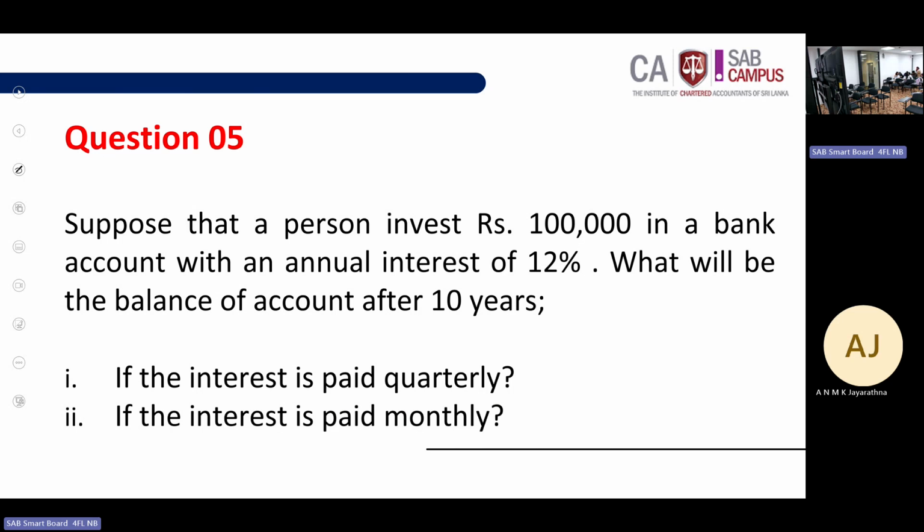Answer should be 326,203. What you should do first, 1 plus 0.12 divided by 4. That should be added to 1. That should be raised to the power 40. And multiplied by 4, it should be raised to the power.